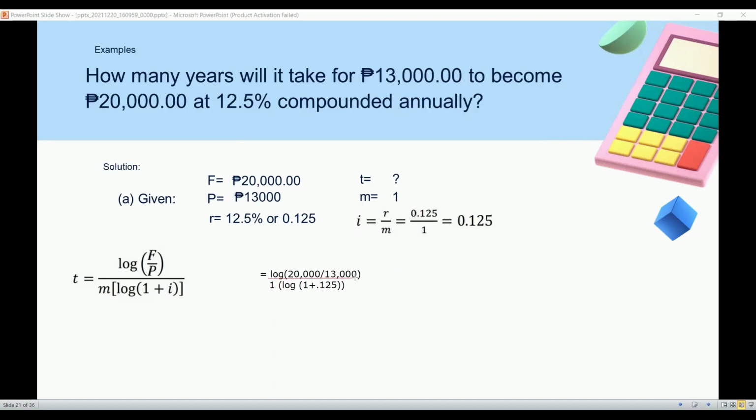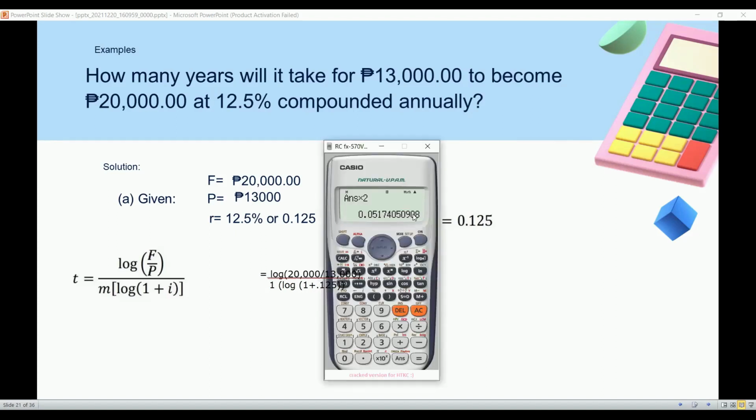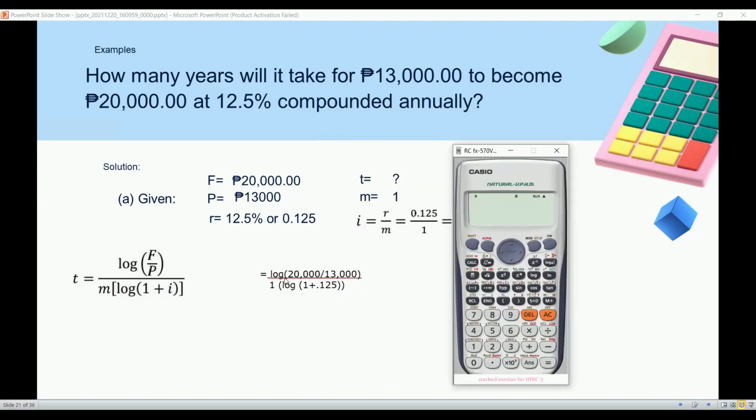So, let's put it over. Let's solve it on our calculator. First, the numerator: log of 20,000 divided by 13,000 equals.